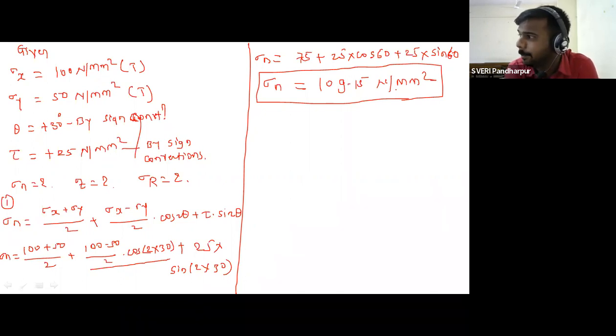So try to make the separate calculation of each and every term, find out their separate values, and then at the end go for the addition, subtraction wherever it is required. Have you got 109.15?